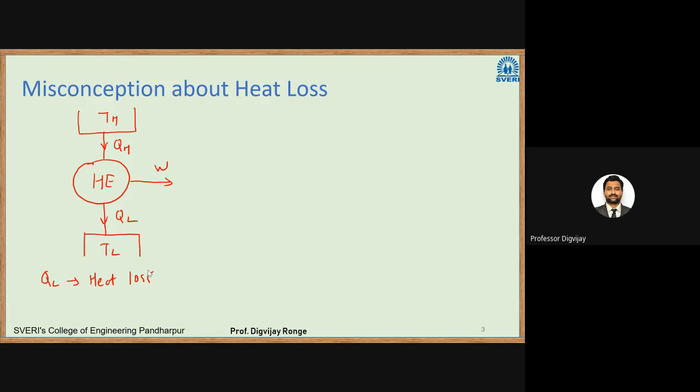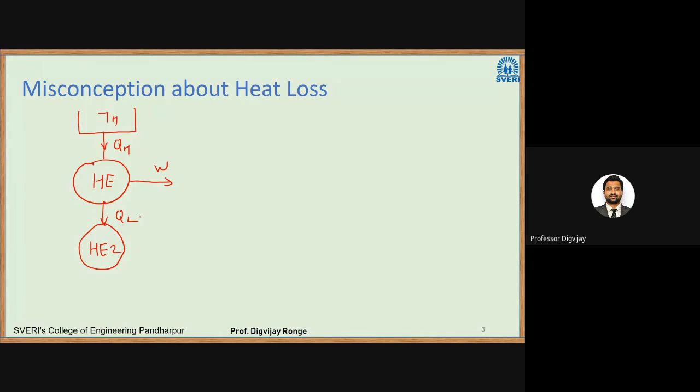So in this case of heat engines or refrigerators, this term heat loss depends on our objective. If I use this energy, then there is no sink here. Instead of a sink, if I put one more heat engine, heat engine 2, then what happens?